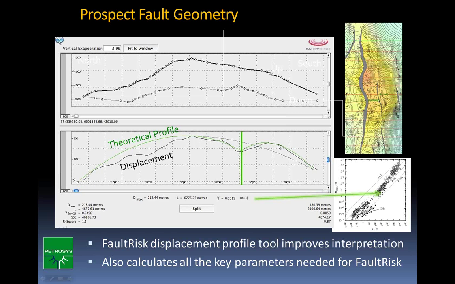As you can see, it has this sort of compound parabola rather than the theoretical profile here. So this might suggest that this fault may be two faults, but what we can see here is this has given us a better fault interpretation, and it also calculates all the key parameters we use in FaultRisk.